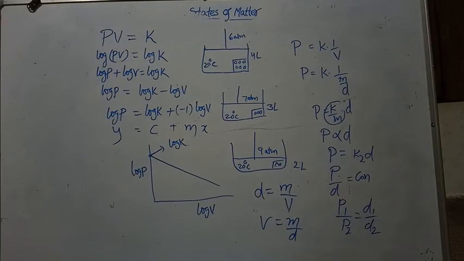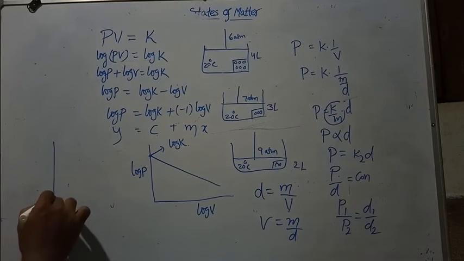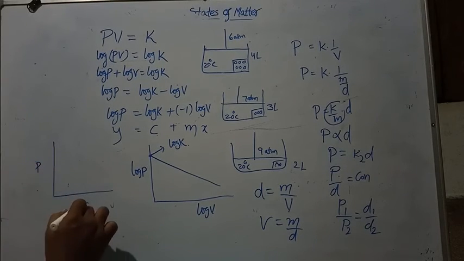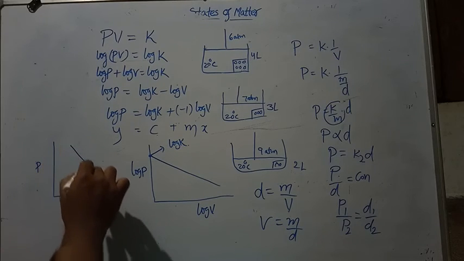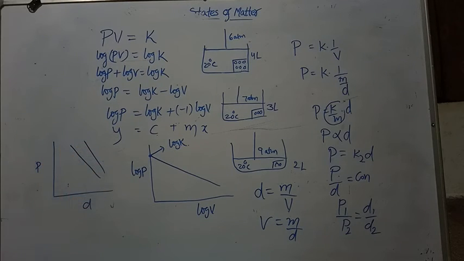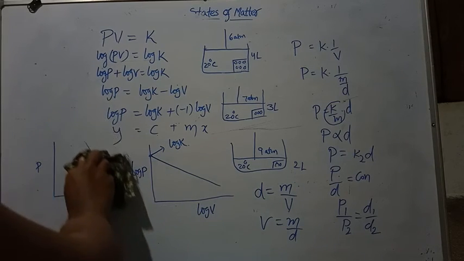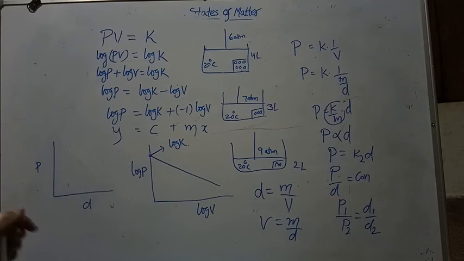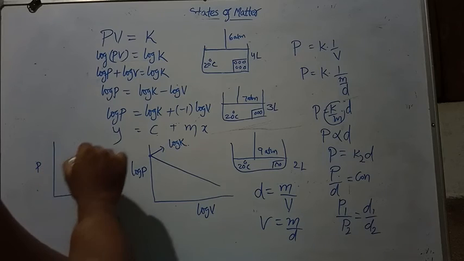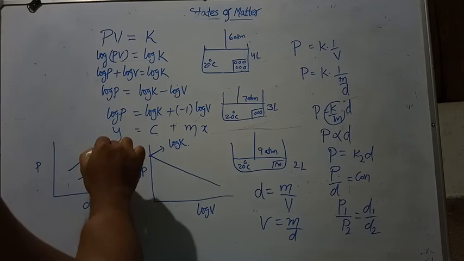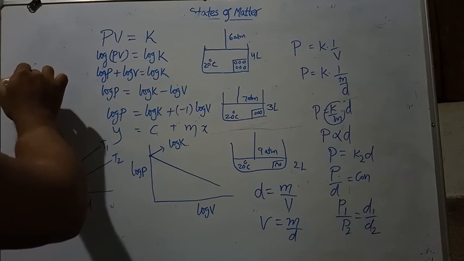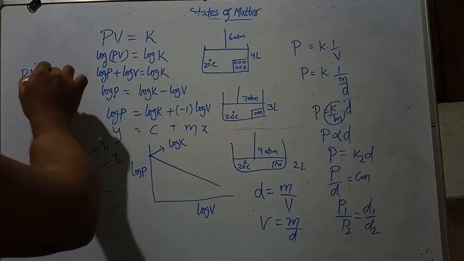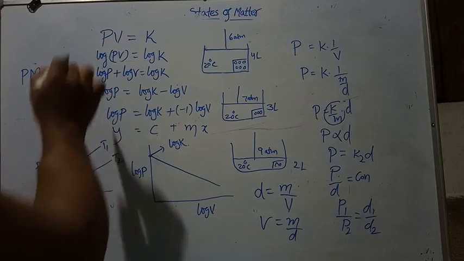Okay, and if you are coming to the graph, pressure versus density, the graph will be coming like this. See that, this is T1, this is T2. Okay, you remember one point, PM is equal to dRT.